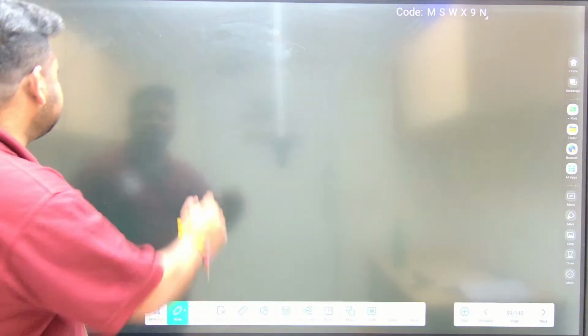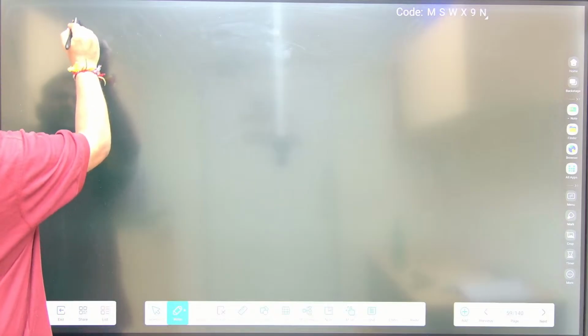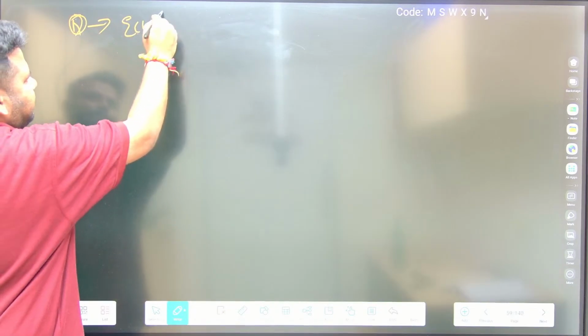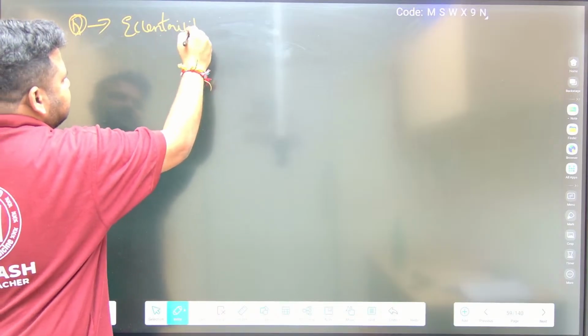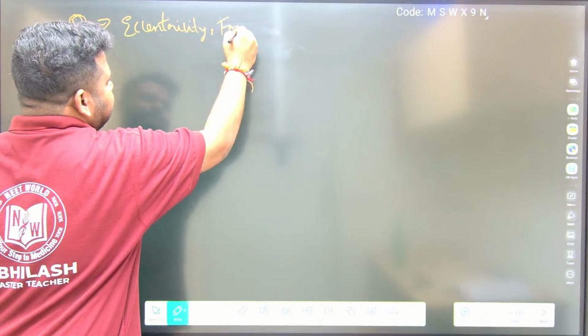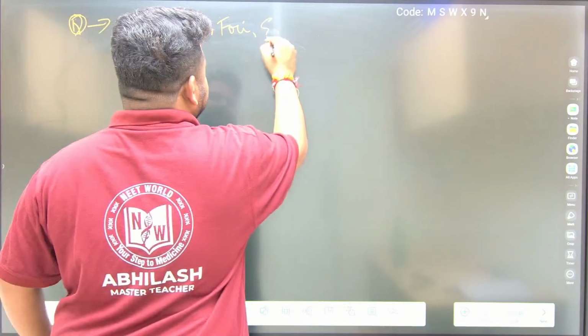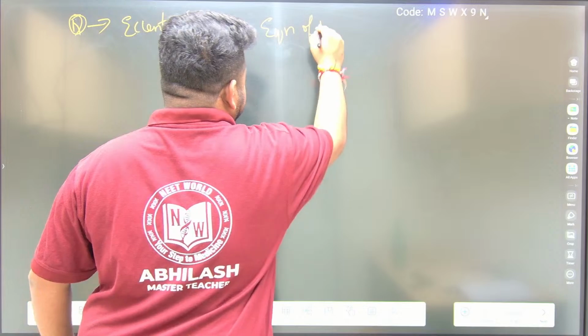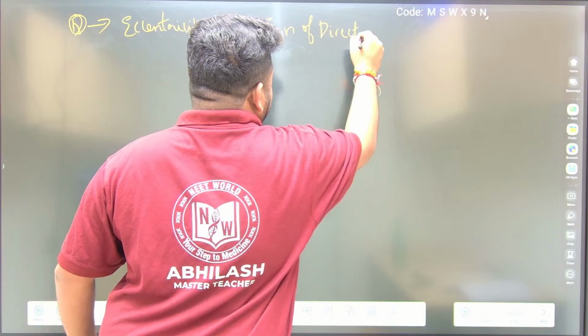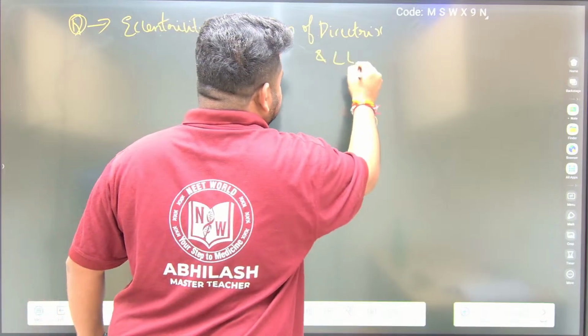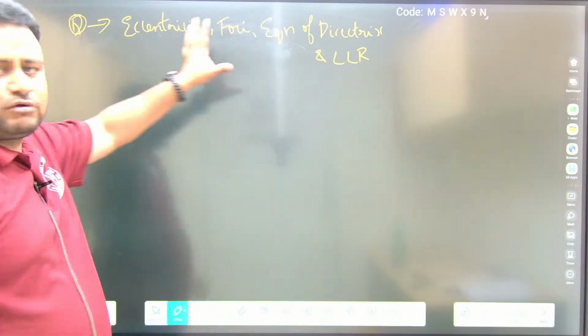The first type is based on eccentricity, foci, equation of directrix, and length of latus rectum. They can ask one question from this topic.